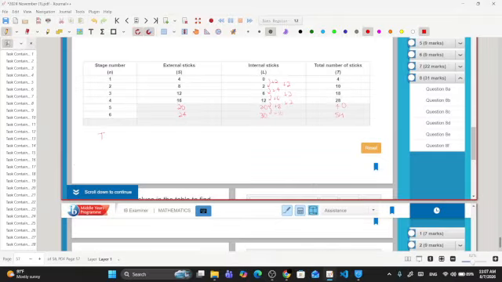We can see that the difference between consecutive terms increases by plus 2.